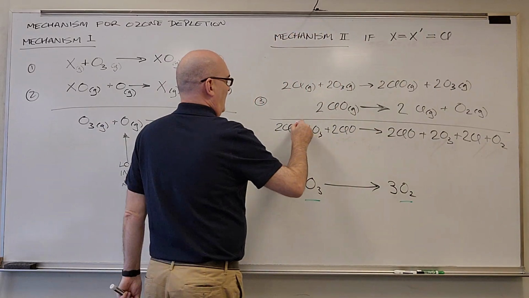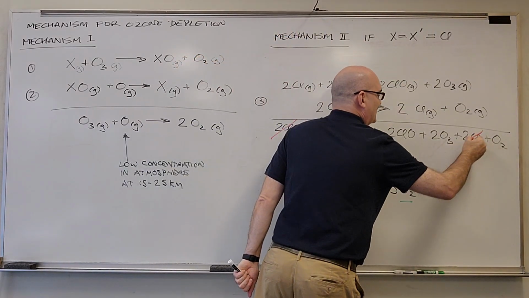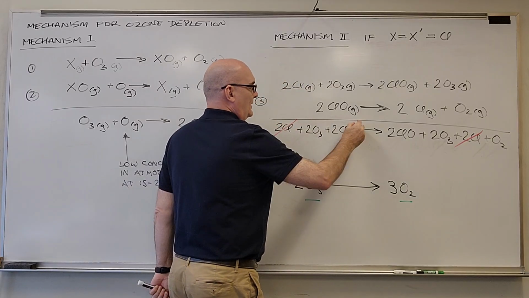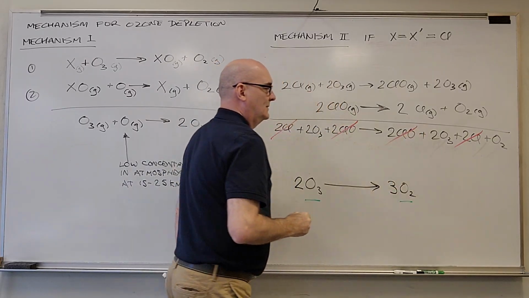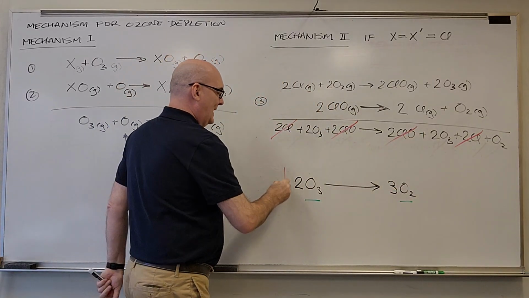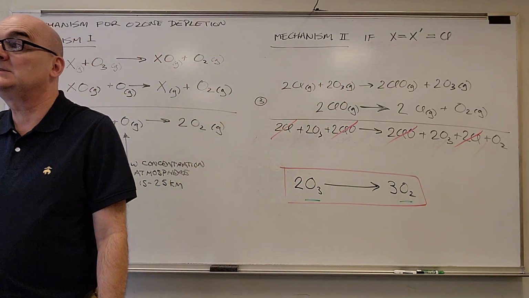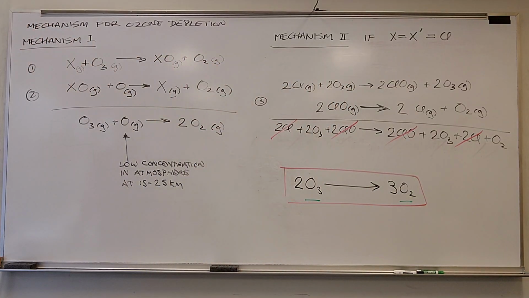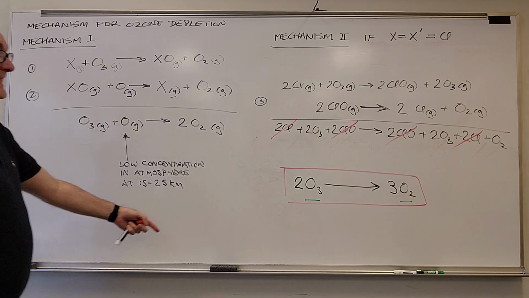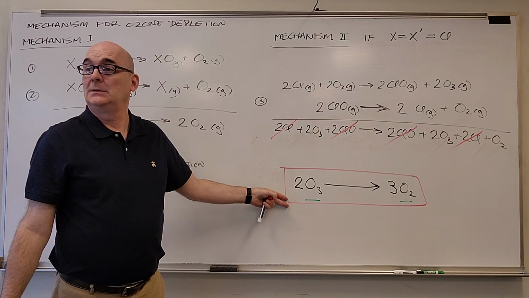And those chlorines cancel with those chlorines, and these chlorine oxides cancel with those chlorine oxides. And we get the same answer. This is the answer. Okay? But, again, it tells you absolutely nothing.